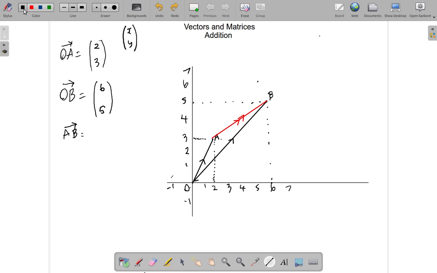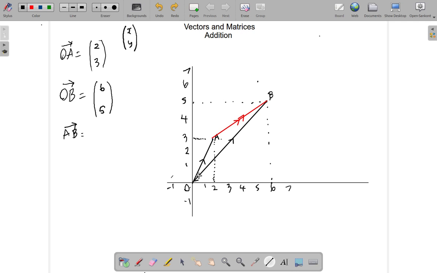Now let's see what happens if I want to write the vector AB in the form of OA and OB using letters. I have to use my imagination. AB is the resultant of adding two vectors, but what are the vectors?